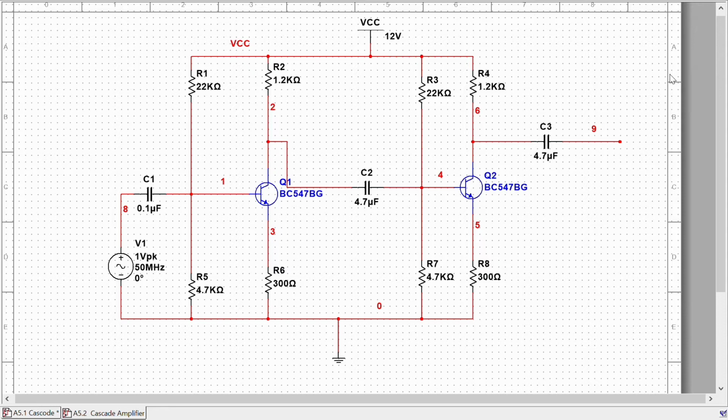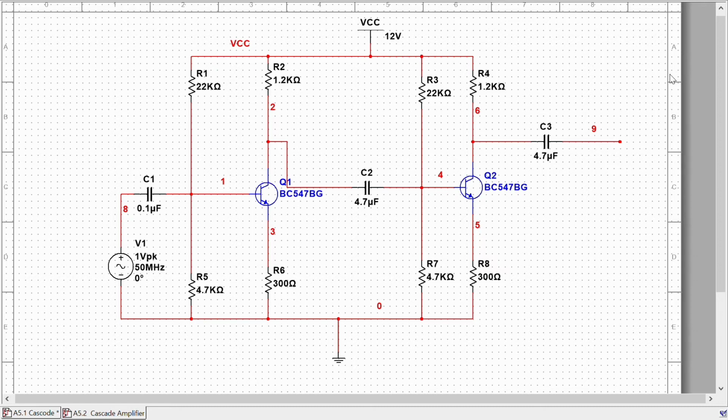Whereas in Q2, the emitter is connected with R8, which is 300 ohm, and in parallel with R7, which is 4.7 kilo ohm. The negative terminals of all four resistors are connected to ground.